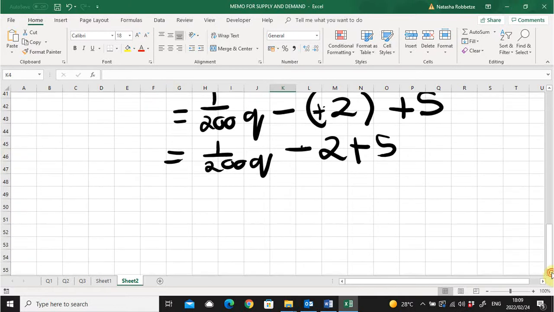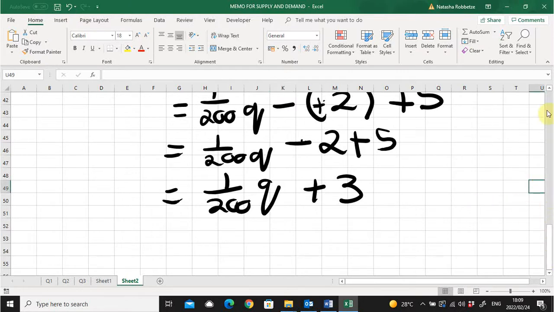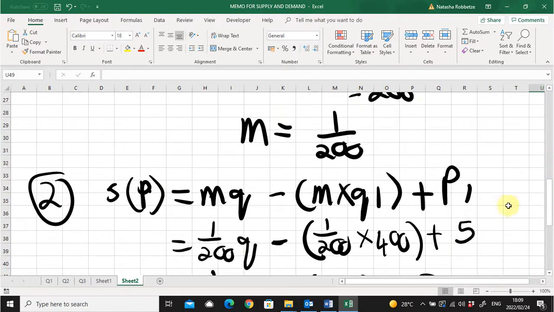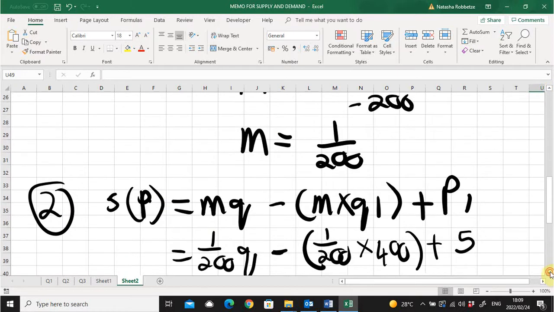So our supply equation should then be 1 over 200Q plus 3. Right, solved. A whole 5 marks, done and dusted in 2 little steps. First, calculating our slope, and then replacing the information in step 2 into our linear equation.